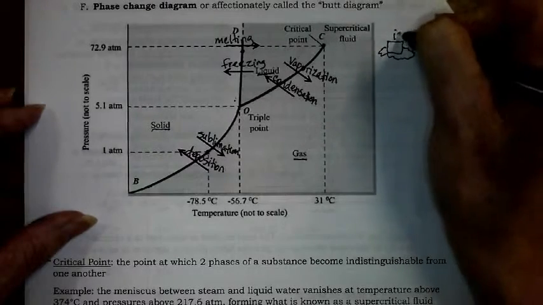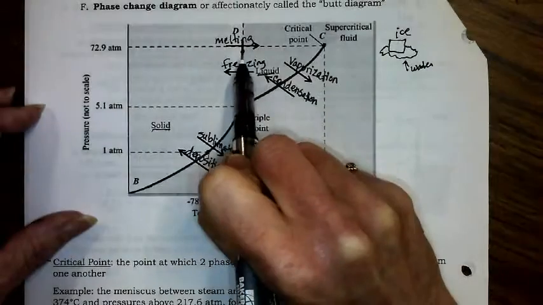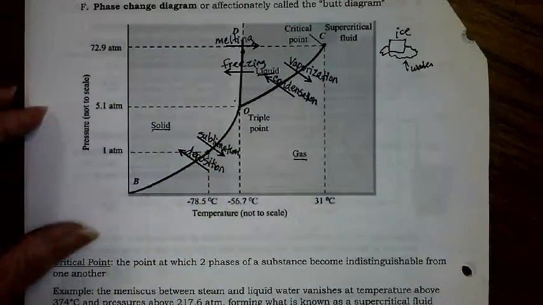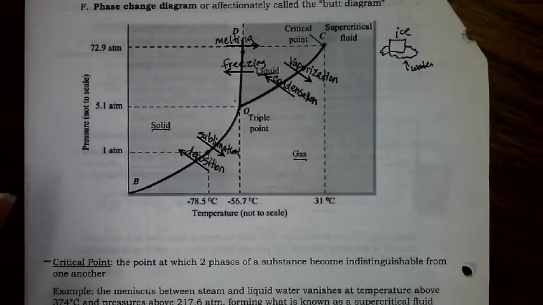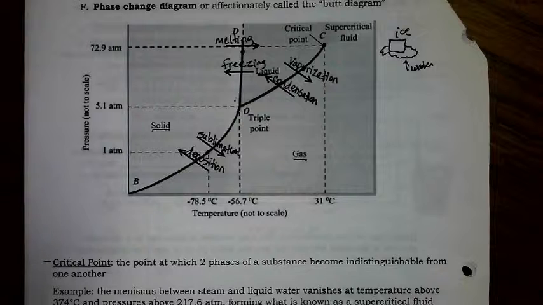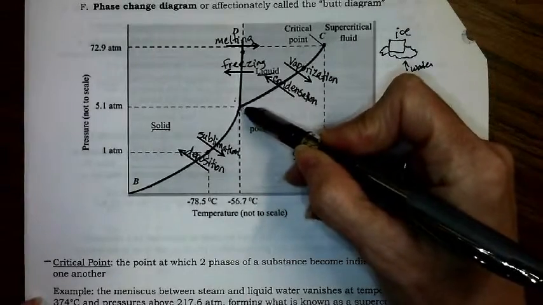So this would be the ice and this would be the water. It's in the process of melting, so you would be right on the line. If you're on the line, you have both of those substances existing at the same time at that phase change.